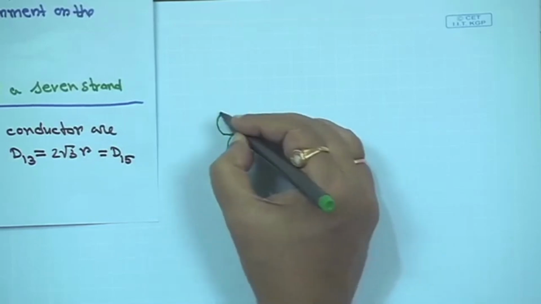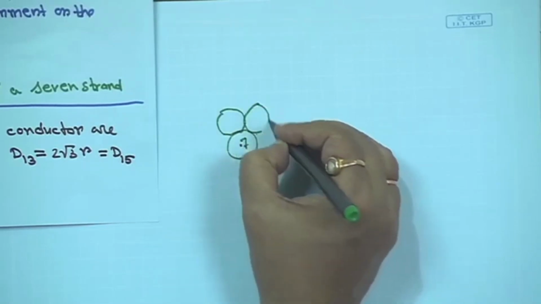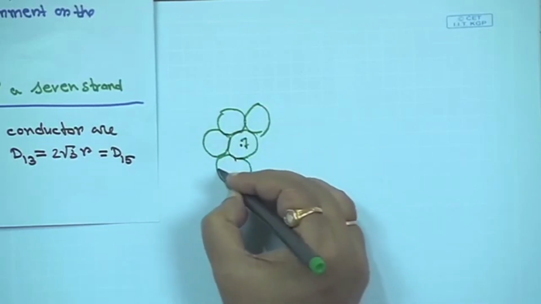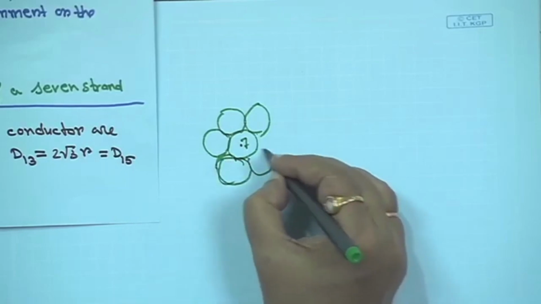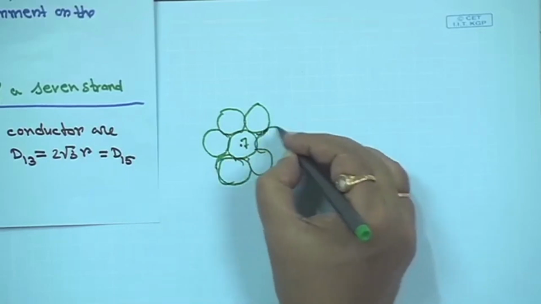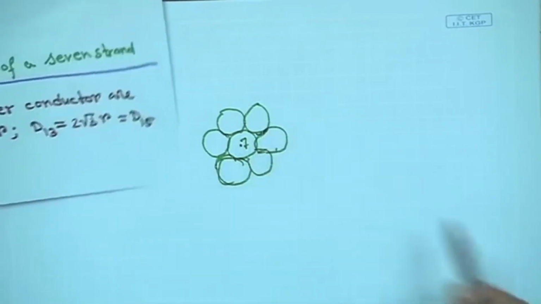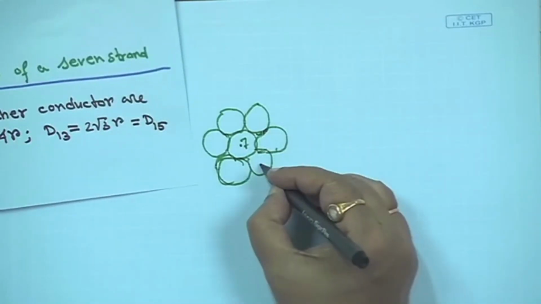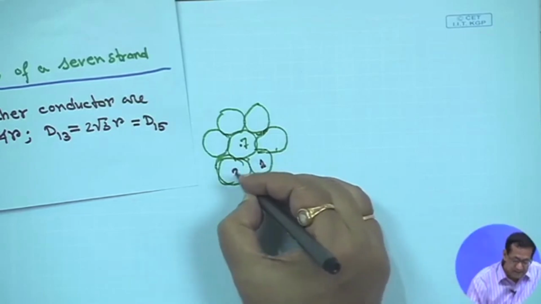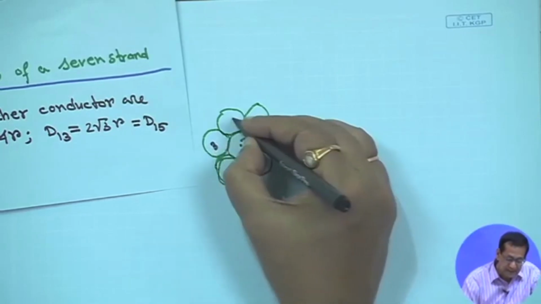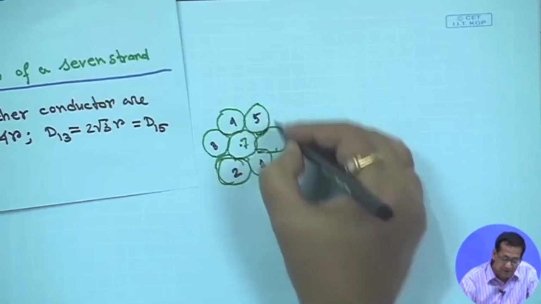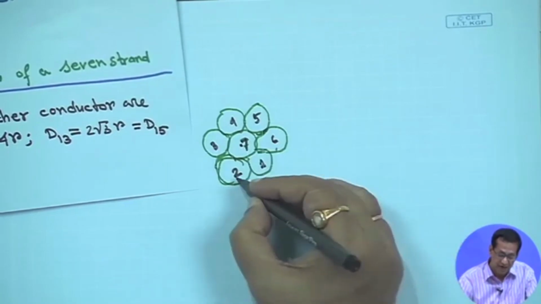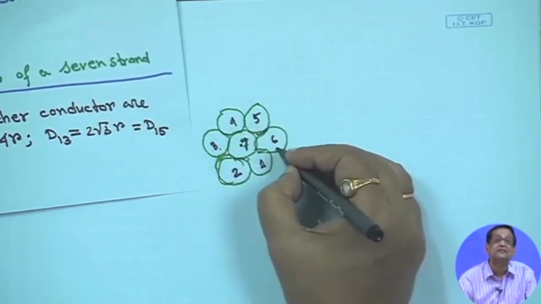Around this there are 6 conductors. Say this is 1, this is 2, this is 3, this is 4, this is 5, and this is 6. The central one is 7.